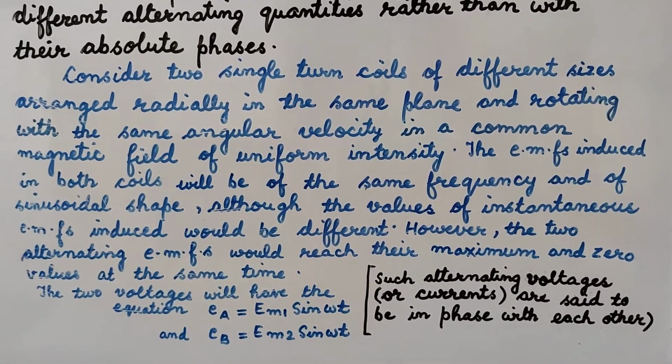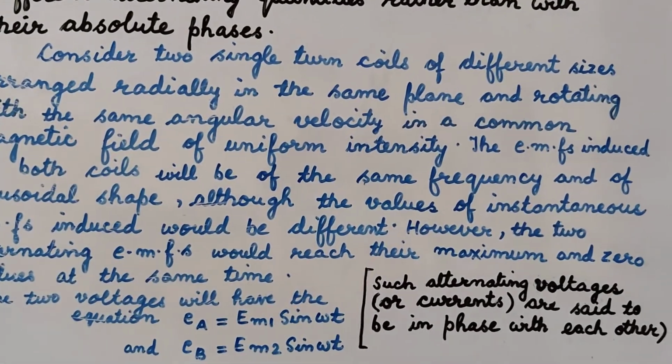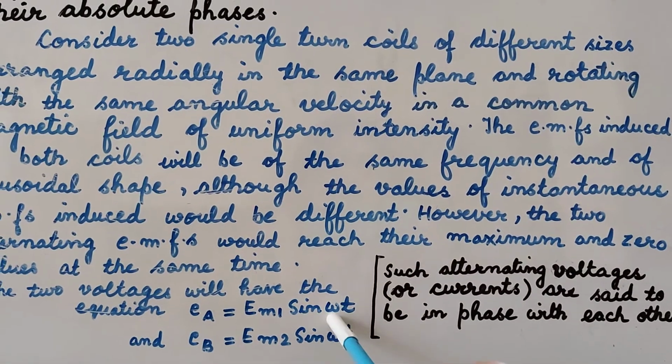The EMF induced in coil A will be EM1 into sine omega t.